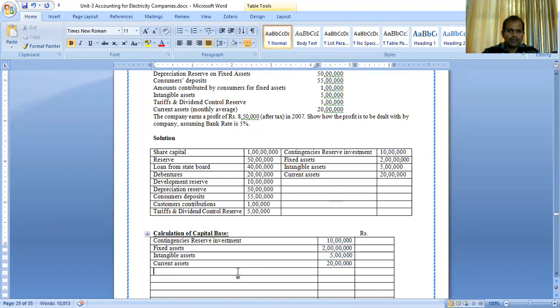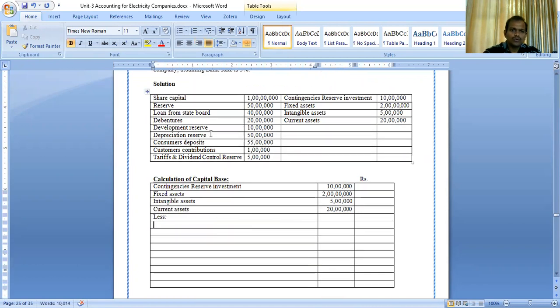And we have to deduct the liabilities. So what kind of liabilities? As we are calculating capital base, the borrowings and reserve funds except general reserve, we have to deduct.